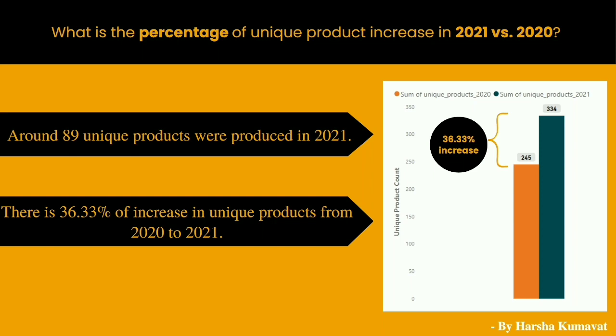When we visualize that table, we observe that there is a 36.33% increase in unique products from 2020 to 2021. The reason behind this is that around 89 more unique products were produced in 2021.